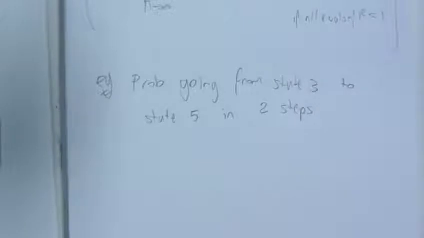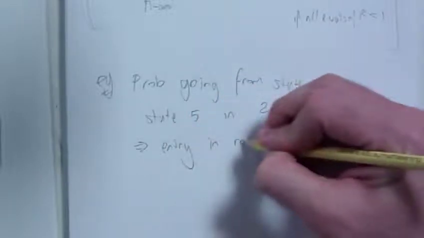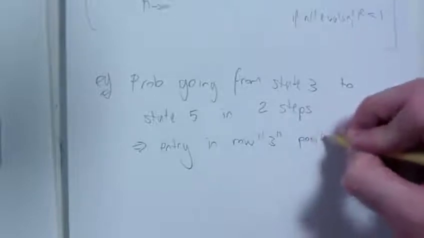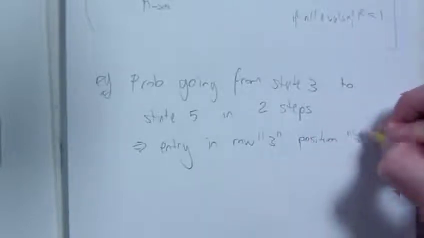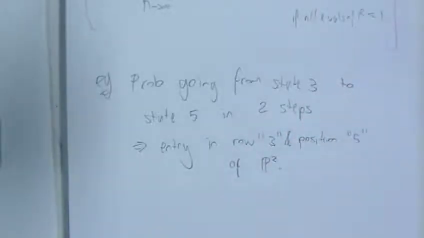Okay, that's what I'm going to figure out, which means that that's the entry in the row labelled 3 and the position labelled 5 of P squared. It's not row 3, it's just whichever row is called 3.